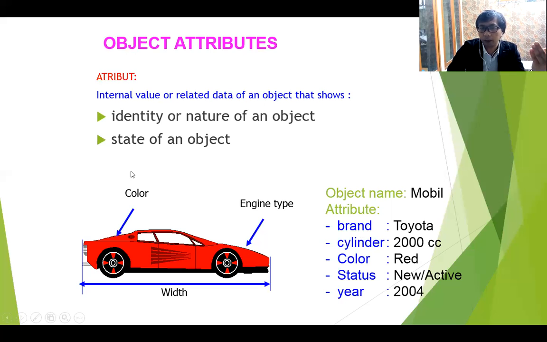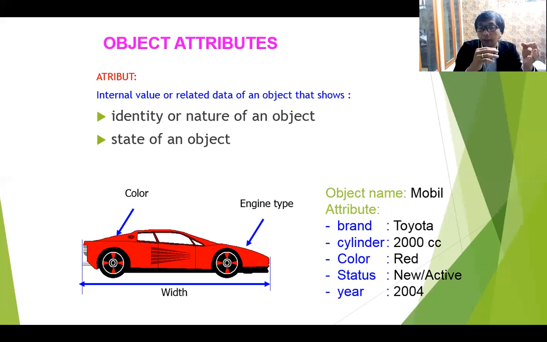And what about the state of the object? The state can be the status, where the status can be active or inactive. Stop or moving can become a state of an object. The light on or off can become a state or condition of the object.